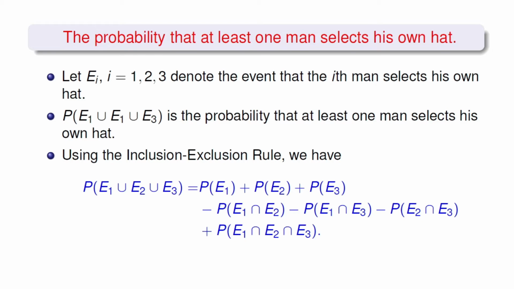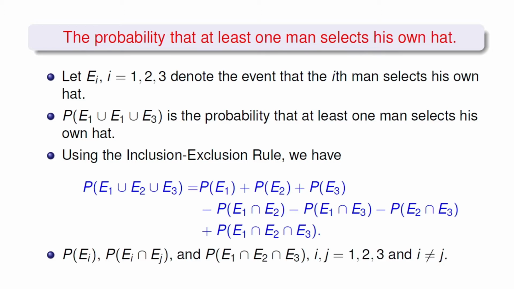And lastly, the intersection of all three events. So we basically need to find all these probabilities. How do we find them?